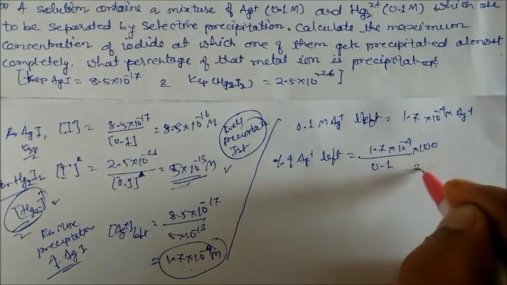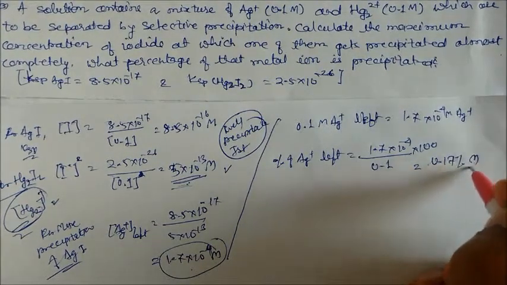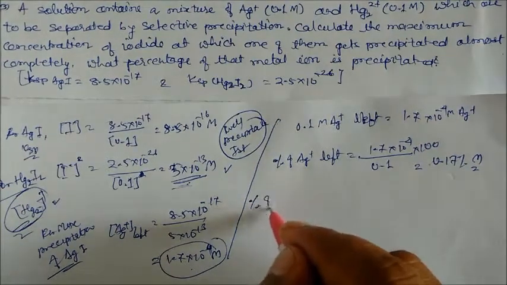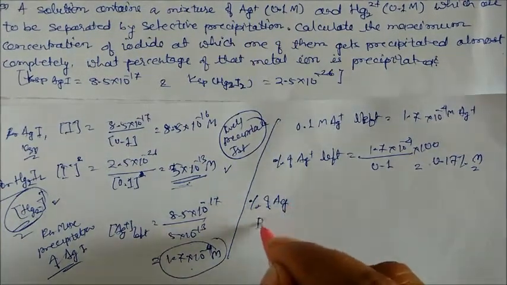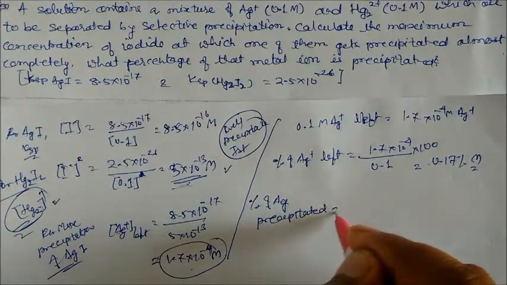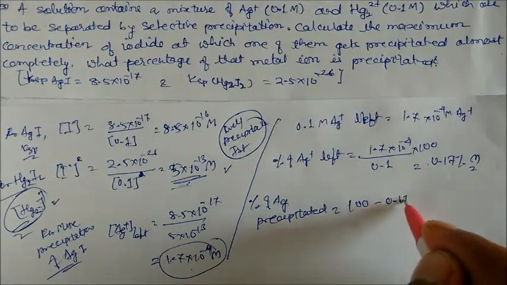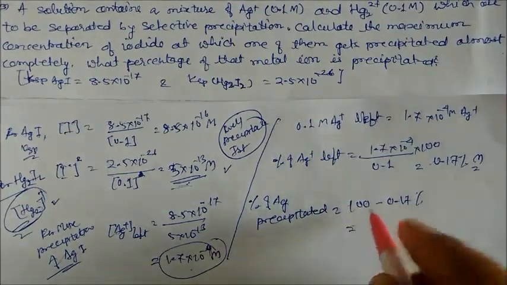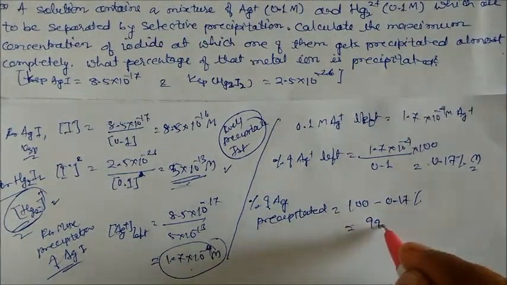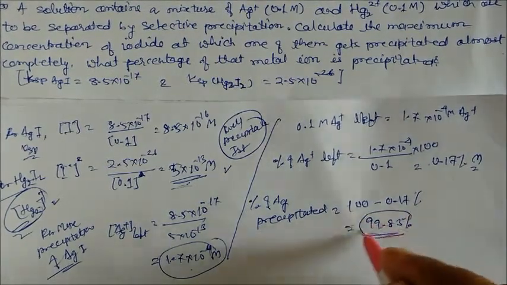We get the answer 0.17%. The percentage of silver precipitated will be 100 minus 0.17%, so we get 99.83%. This is basically our answer.